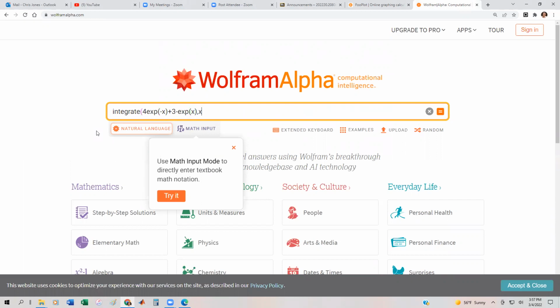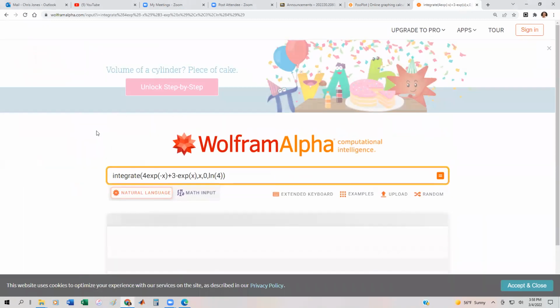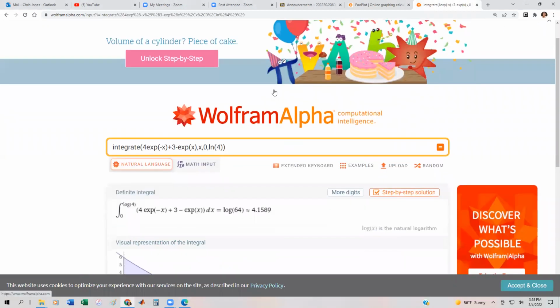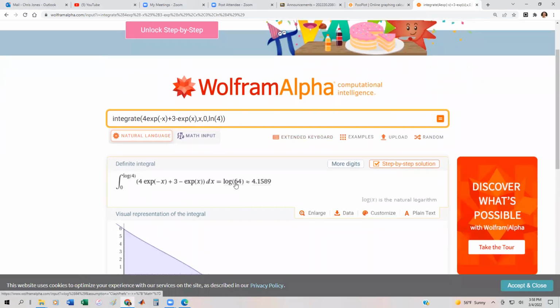Remember that ranged from 0 until ln of 4. So let's see what we get here. And it gives us log 64. Remember, in Wolfram Alpha, log and ln mean the same thing.